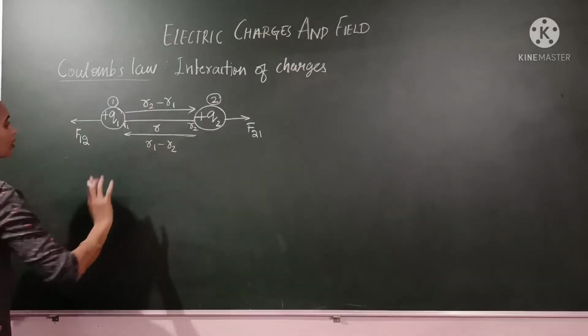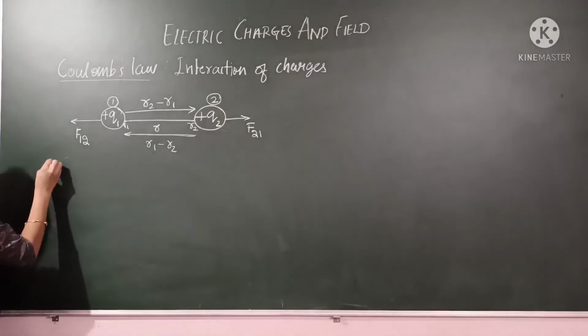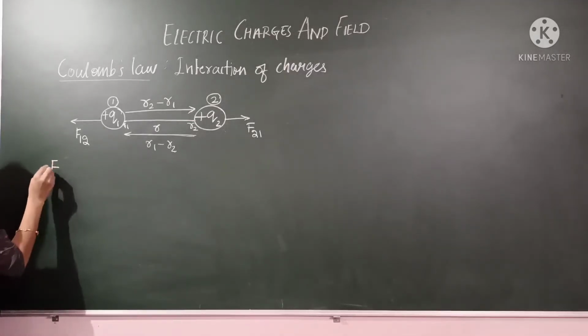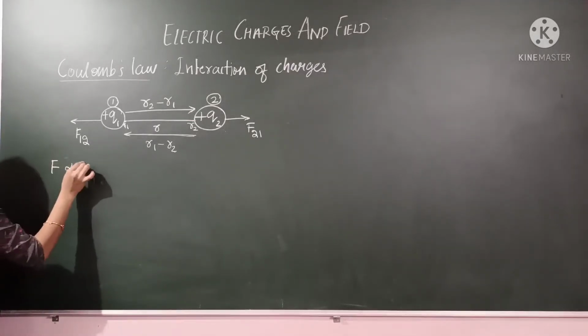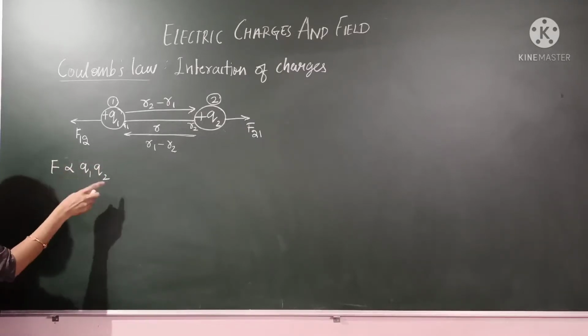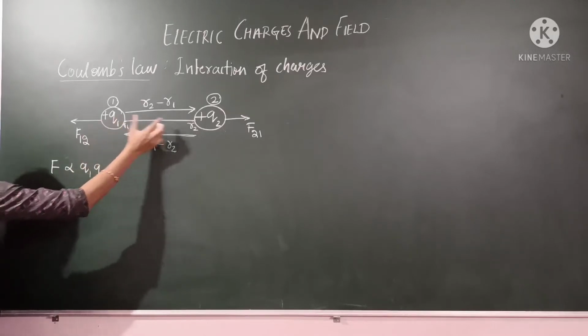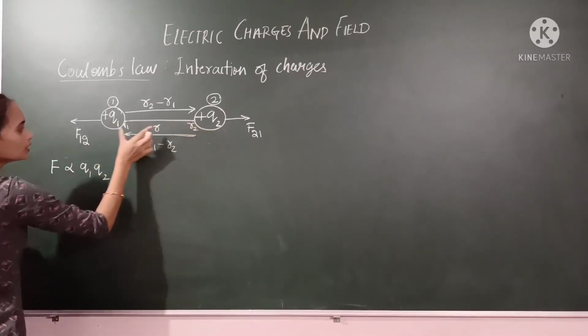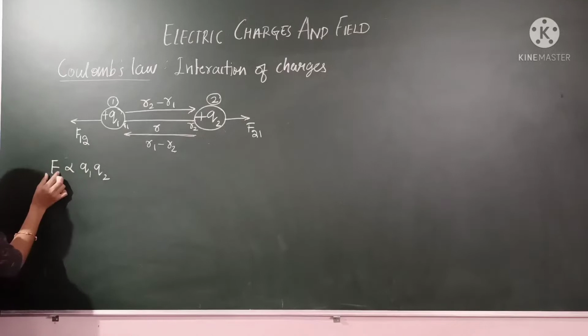Now, Coulomb's law says that the force is directly proportional to the product of the magnitudes of the two charges. When you multiply this charge and this charge, the product is always directly proportional to the force.